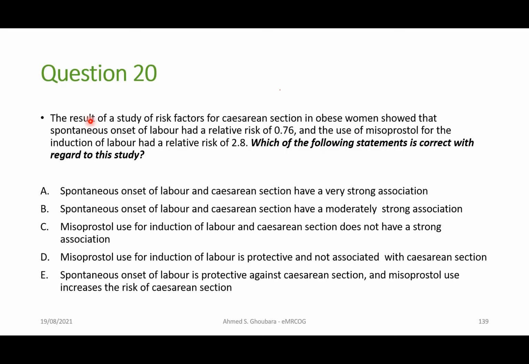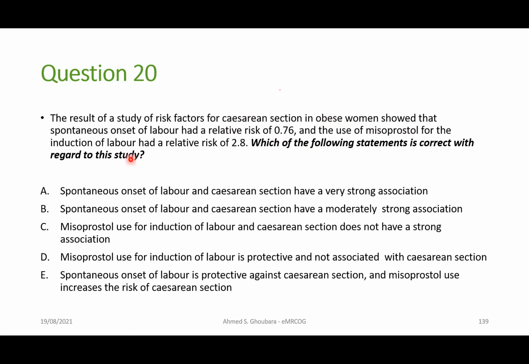So again, we are studying the risk factors for cesarean section. Which risk factor would increase the risk of getting cesarean section in obese women? This is our population, obese ladies, so we are doing research on obese ladies.